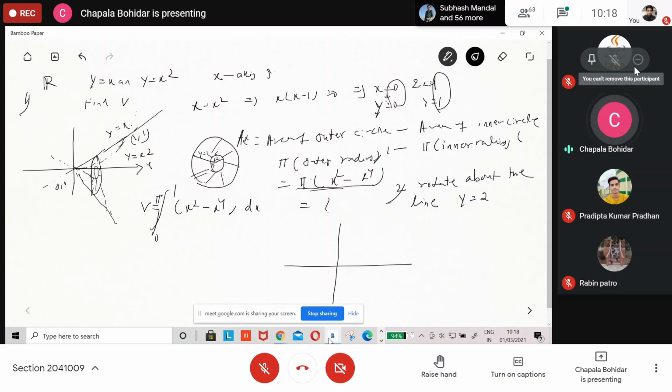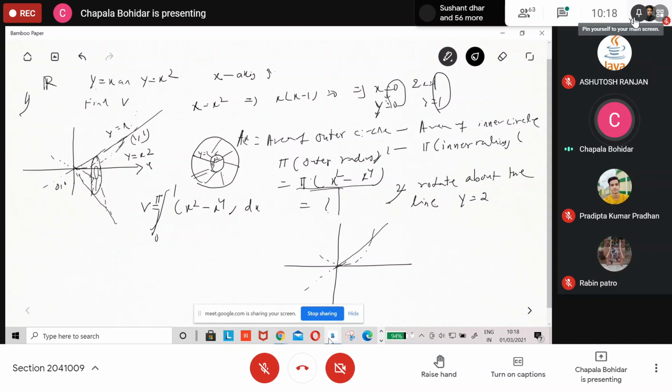Our curve is like this, intersecting here, and this is rotated about the line y equals 2.